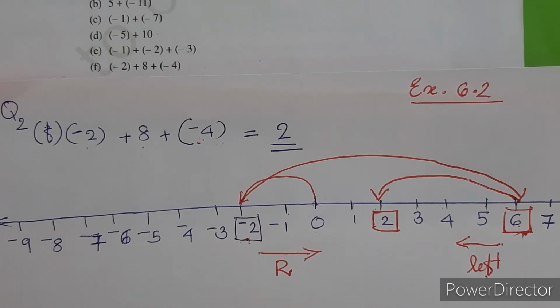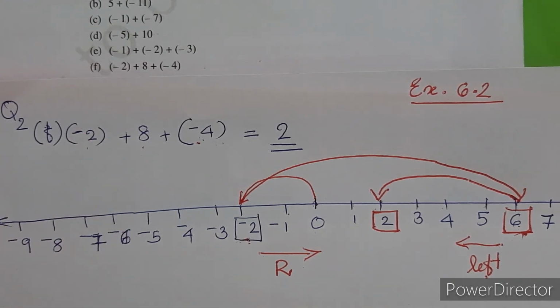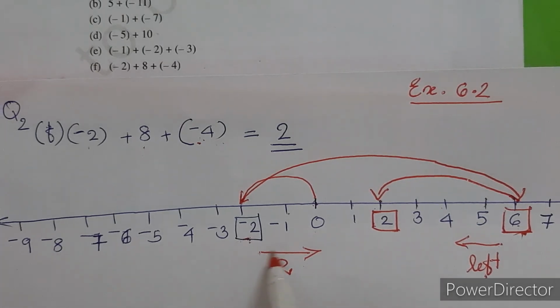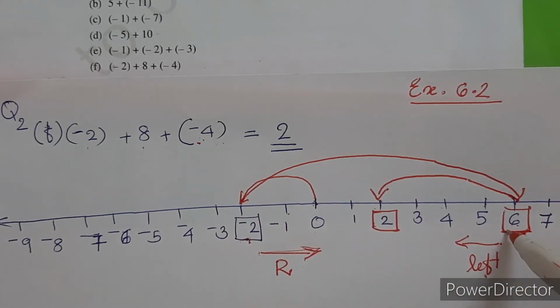Then we identify the second integer, that is 8. 8 is a positive integer, so we add it to minus 2 by moving in the right direction on the number line from the starting point. From minus 2 we move 8 points and reach 6, right?